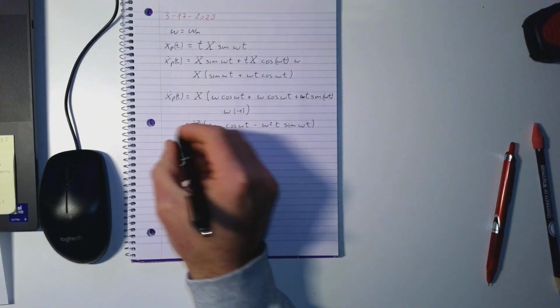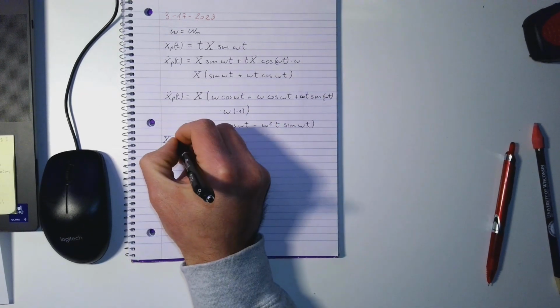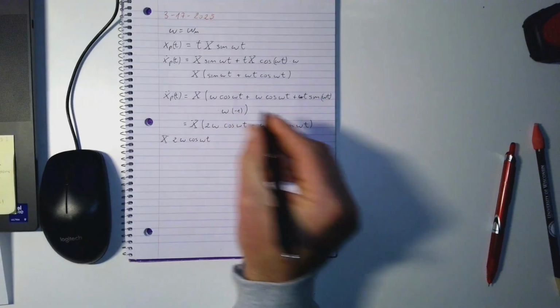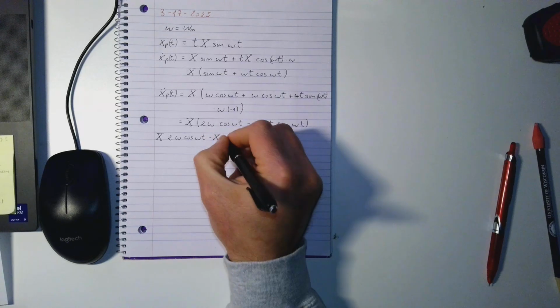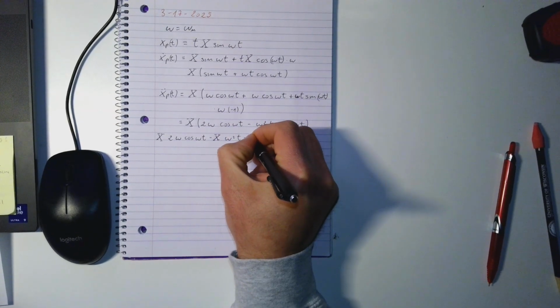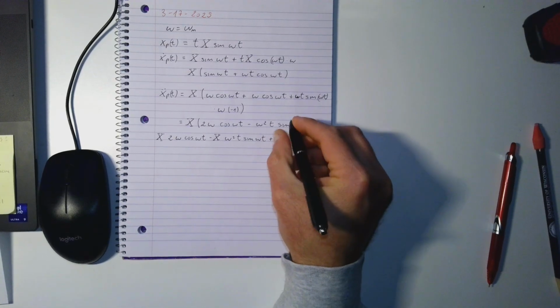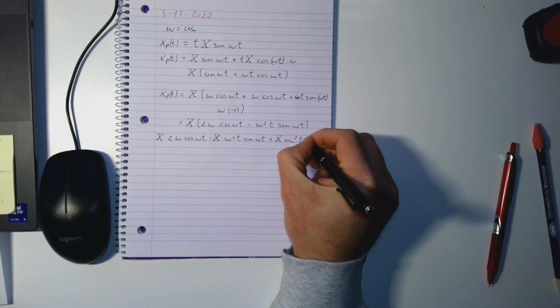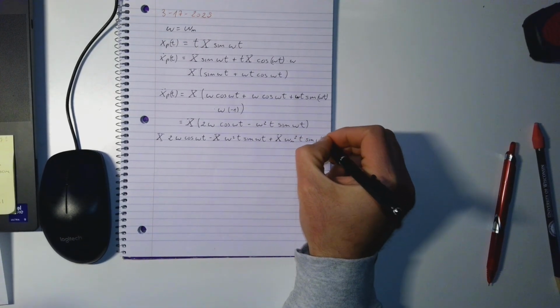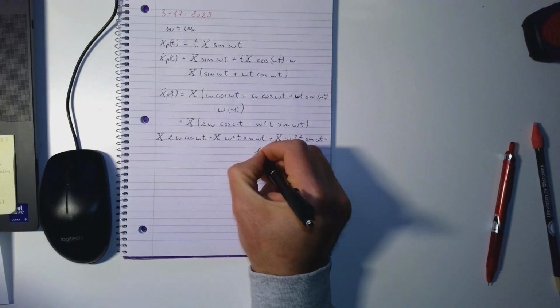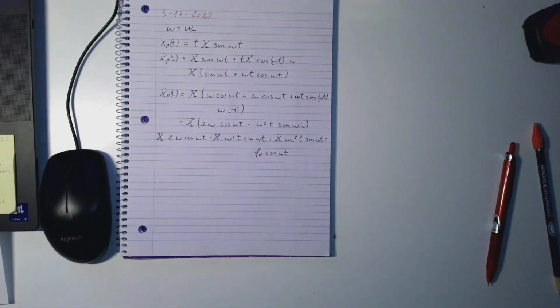So when we plug, what we obtain is the following: X times 2 omega cosine of omega t, minus big X omega squared t sine of omega t, plus also another big X omega n square t, again sine of omega t, and this will be equal to the term on the right hand side, which is f0 cosine of omega t. Does it make sense?